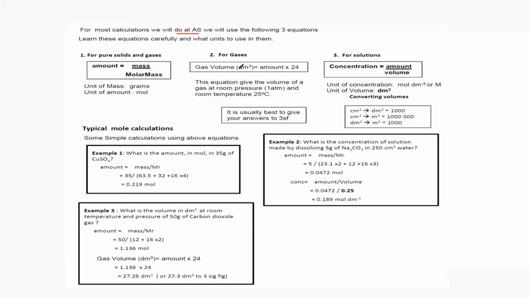The second formula, volume of a gas in dm cube equals amount, meaning moles, multiplied by 24. This formula is only valid at 25 degree centigrade or 298 Kelvin and a pressure of 1 atm.